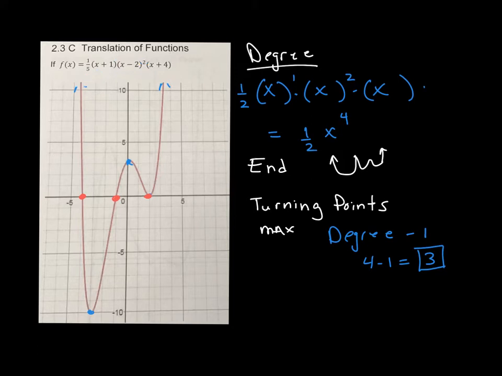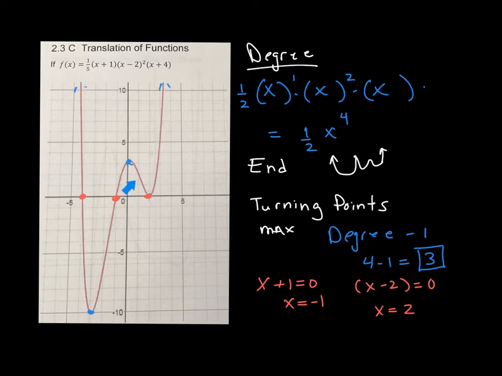Well, that would be x plus 1 is equal to 0, so x is equal to -1, which is my 0 right there. The next is x minus 2 is equal to 0, and that gives me x is equal to 2, which happens right here.